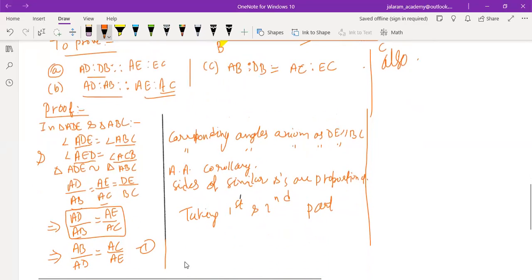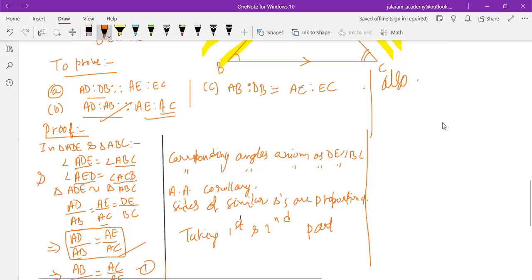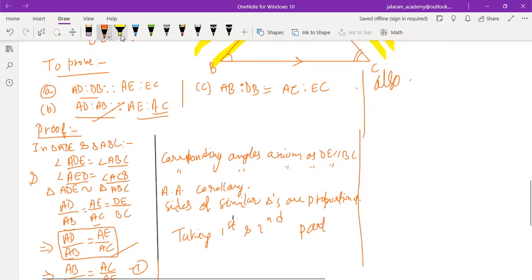Now, the first part we have proved, but we proved the second part first. Now we have changed it to AB is to AD equals AC is to AE. What should we use now? If we use dividendo, can you tell the property of dividendo?